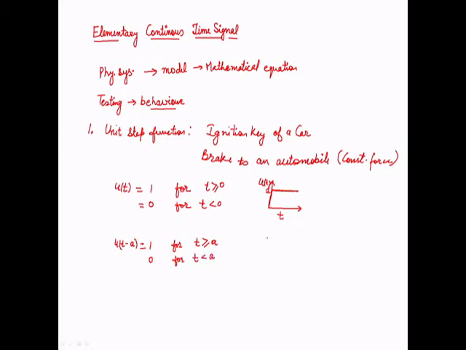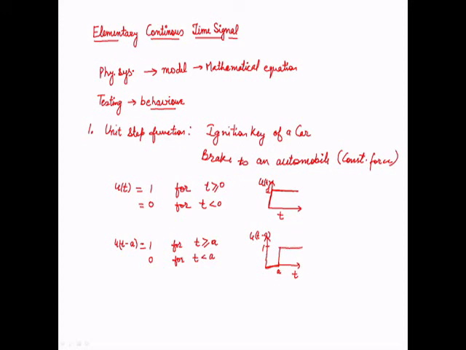So the representation here is that we are going to vary the component t, and here we are having u(t minus a). So that is going to start the component from a. The previous values are 0, and the magnitude here we are having 1.